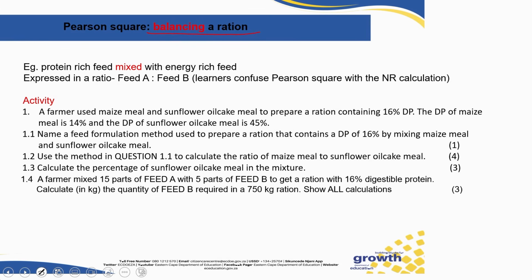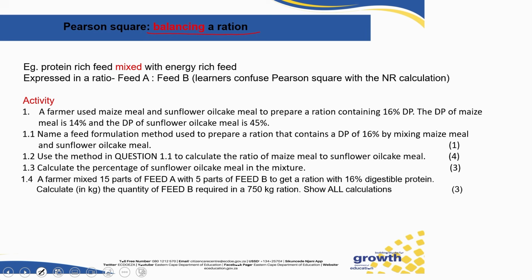We indicate the protein content in a feed with the nutritive ratio, whereas with Pearson square, we are balancing a ration.